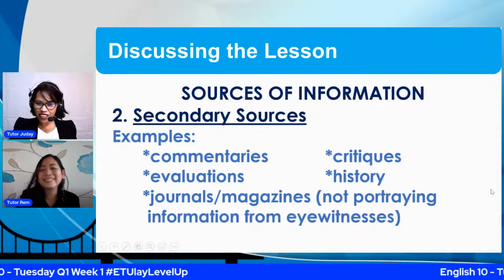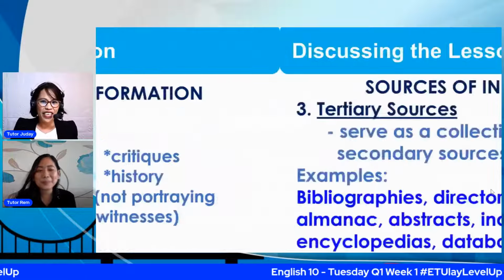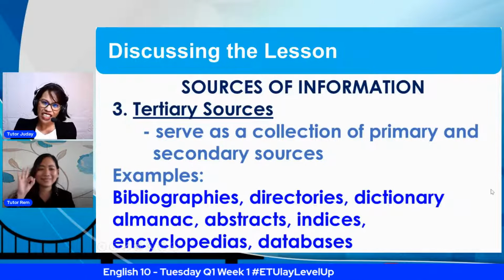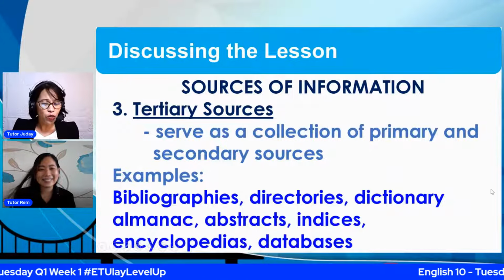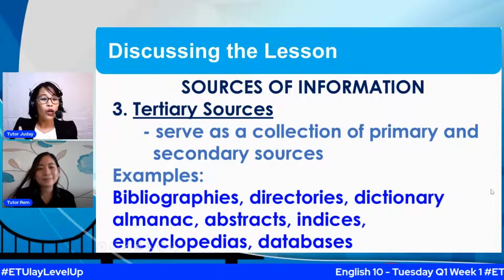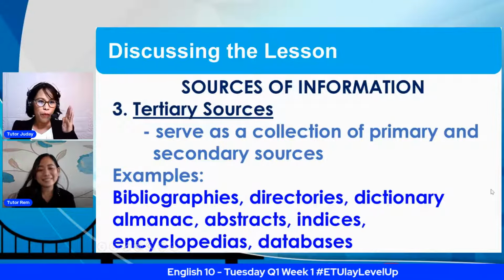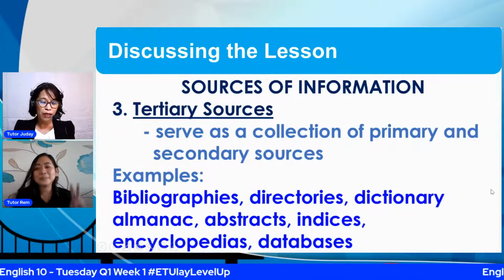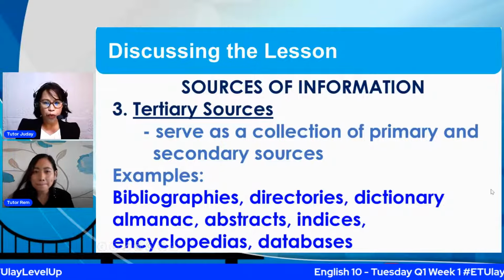And to complete the treasure, we have the third source of information, and these are the tertiary sources. Tertiary sources serve as a collection. Let's talk about the degrees. If primary is first hand, secondary is second hand, because that talks about sources from the primary.